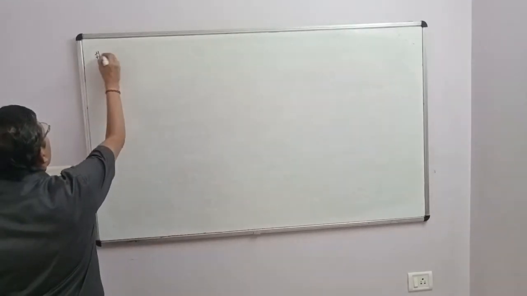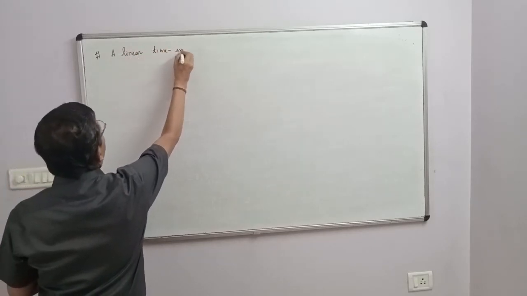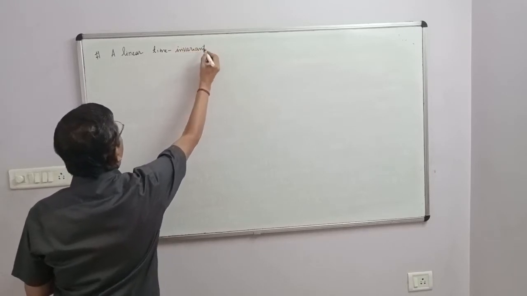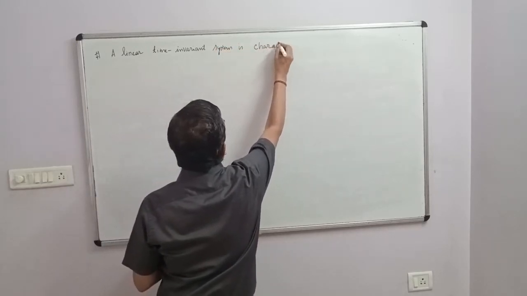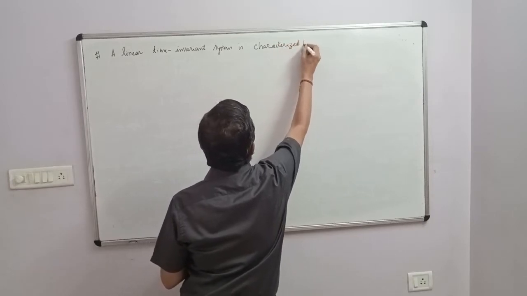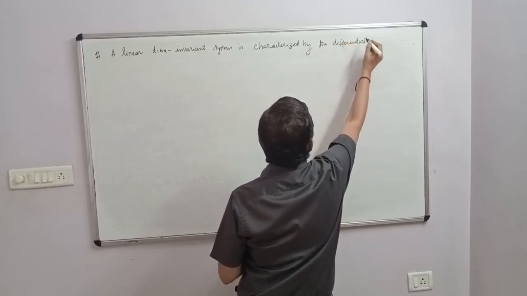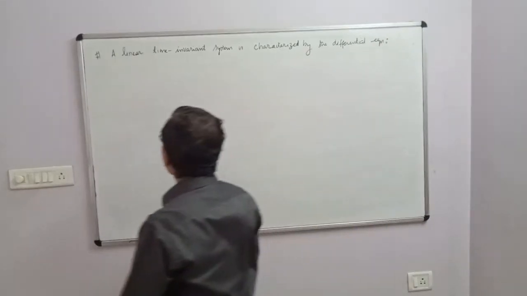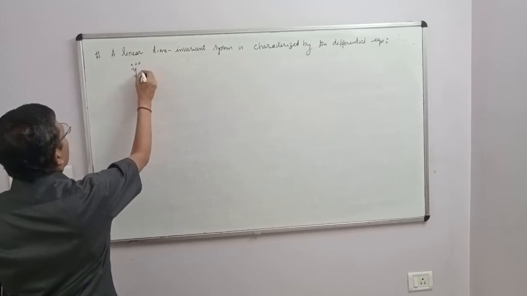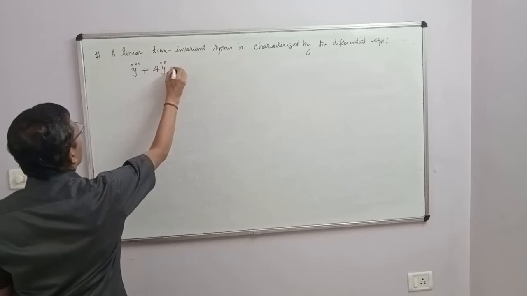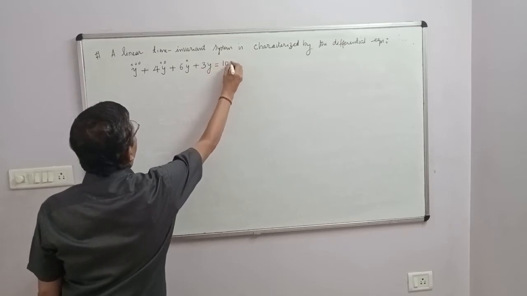First problem: a linear time invariant system is characterized by the differential equation y triple dot plus 4 times y double dot plus 6 times y dot plus 3 times y is equal to 10 times u.